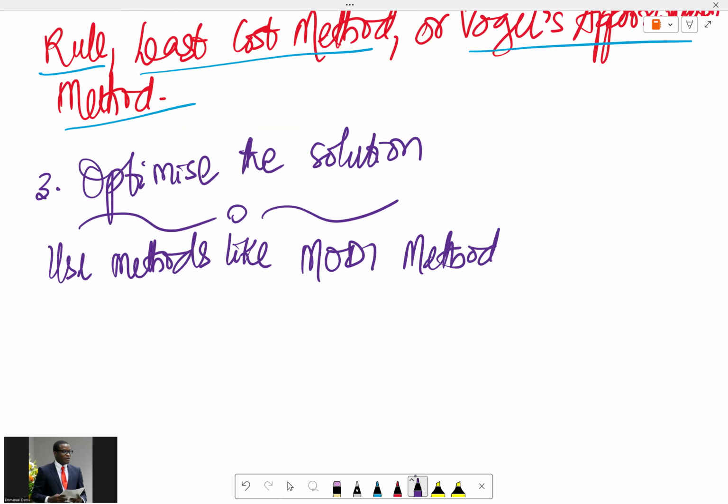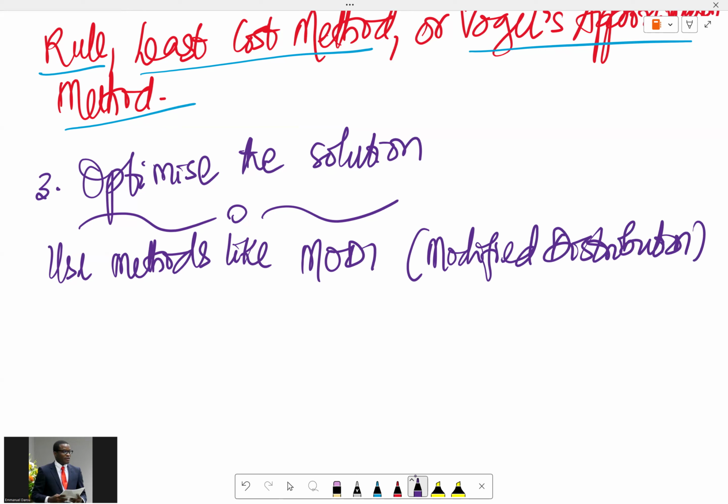Modi is modified distribution, so the modified distribution method.